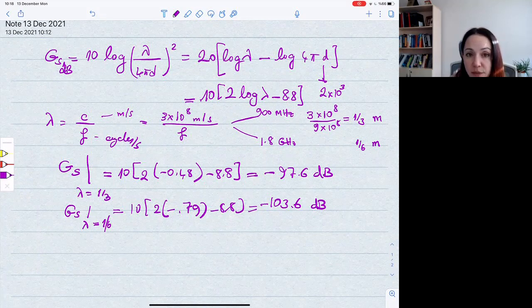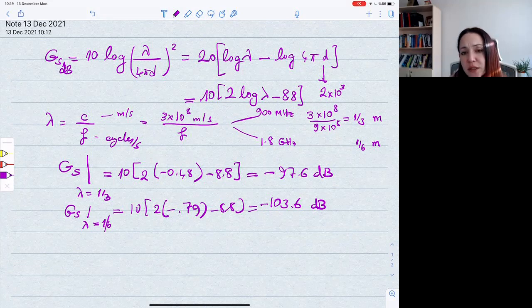That means consider 10 log lambda squared. That is a factor of 6 dB, because 10 log 4 is 6. So when the multiplicative factor is 4, the dB equivalent is going to be 6 dB. So there's a 6 dB extra path loss.